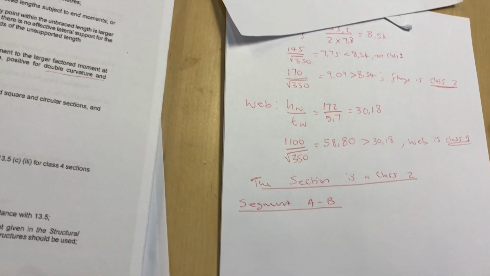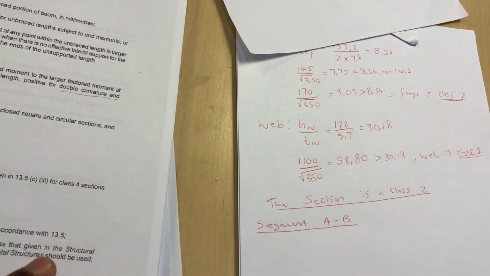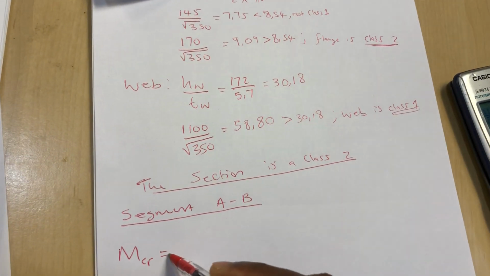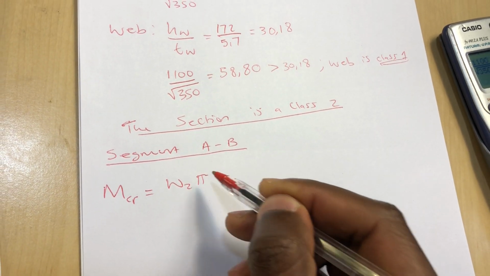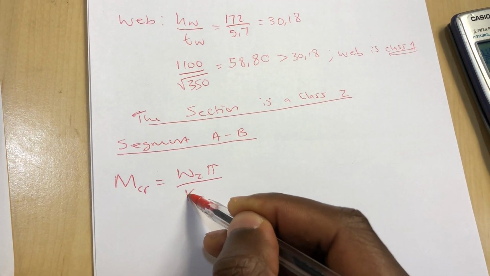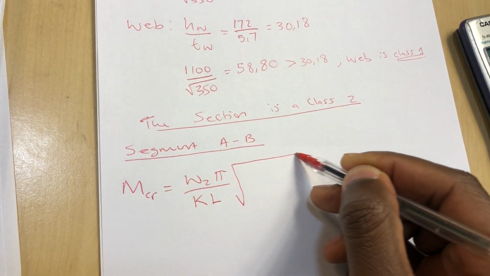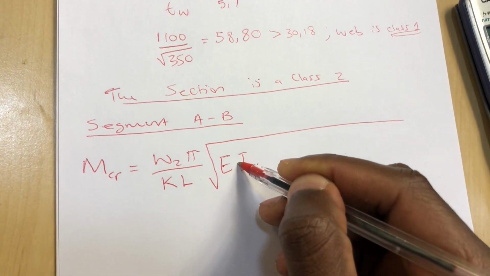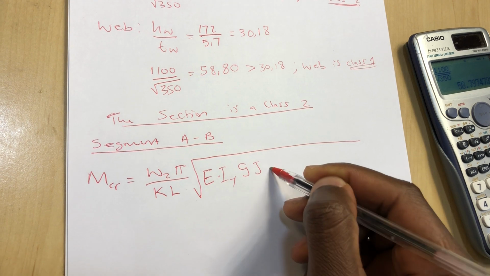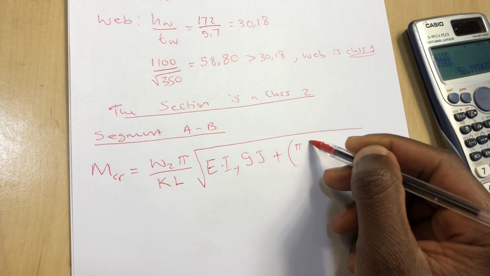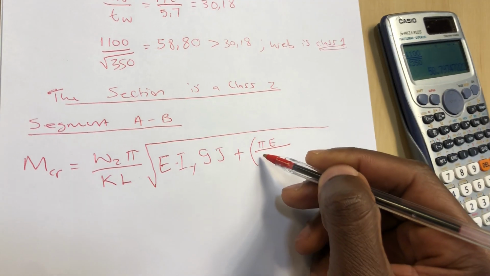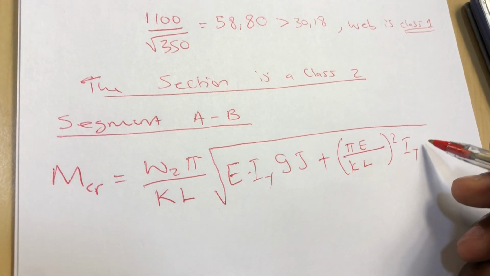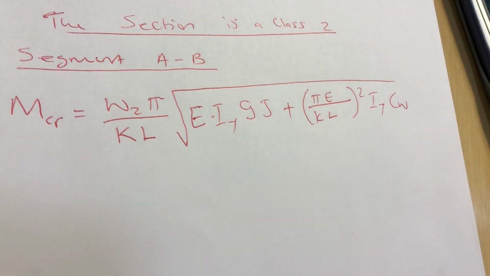For segment A and B, let me note down the formula for MCR, which is ω2 π over KL, your effective length, times the square root of EIy GJ plus (πE over KL) squared Iy Cw.